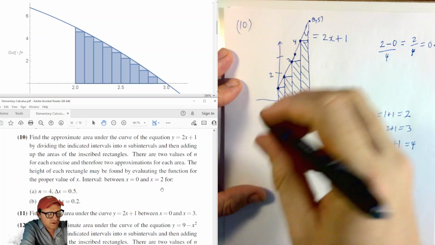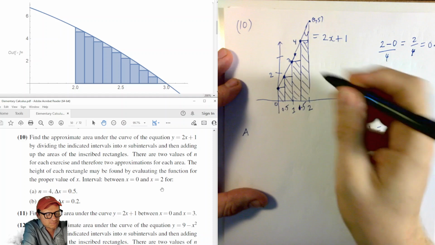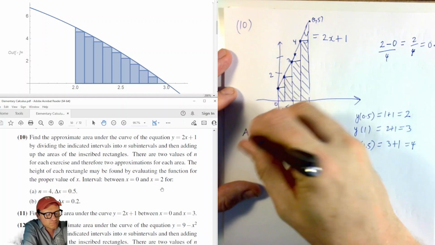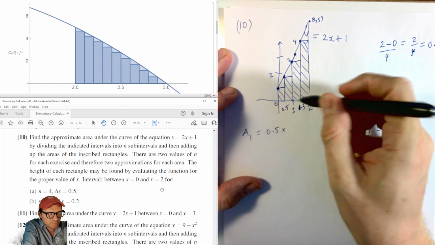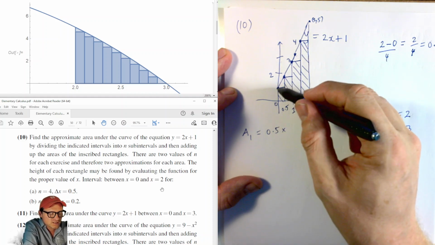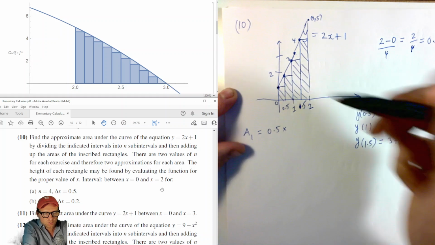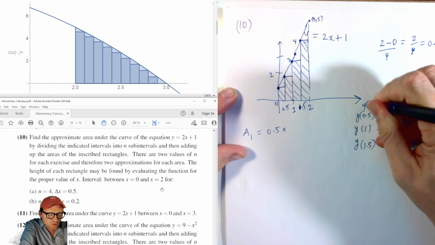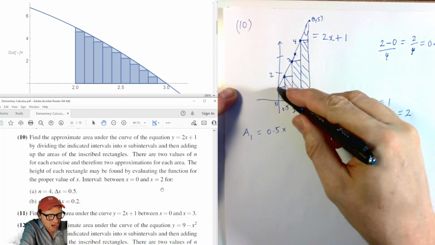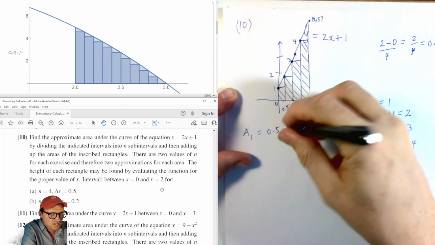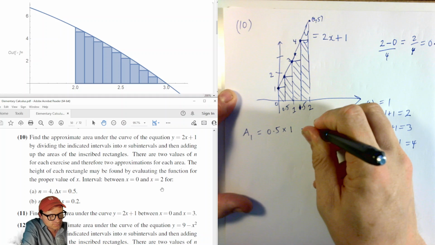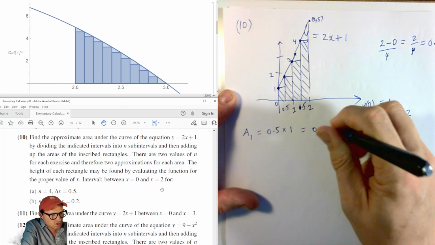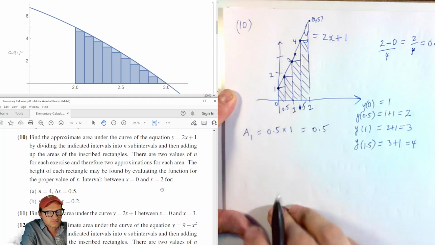Okay, and so the area, let's say the first area segment, A1, is equal to 0.5 multiplied by the height of this spot right here. So we need then y of 0 is 1, and that is our height here. So the height is 1. All right, and so this adds up to 0.5.